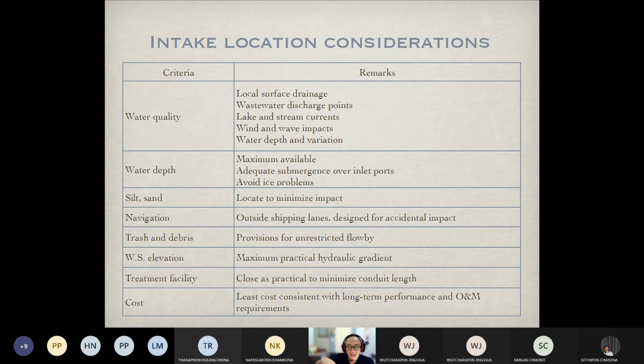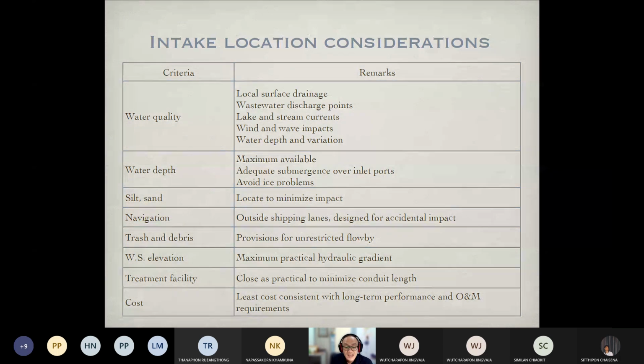If the elevation is already high, then we don't have to install any pumping facilities to lift the head. That is why sometimes we need to consider the elevation.